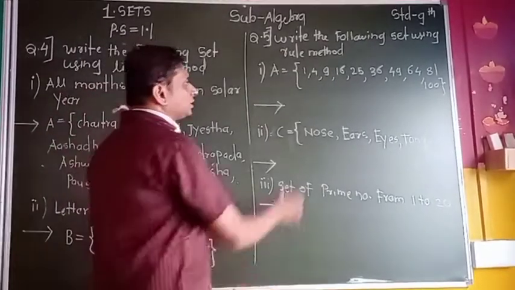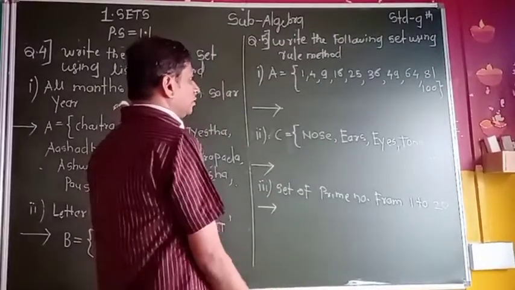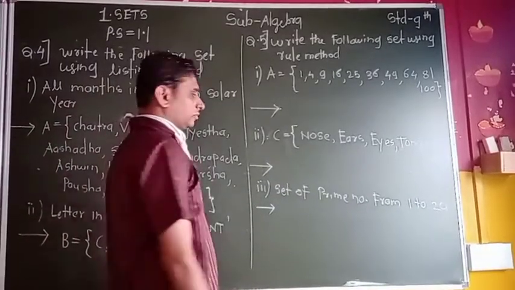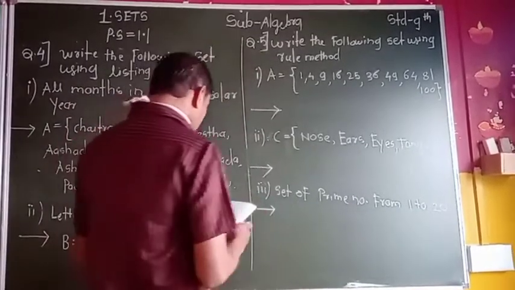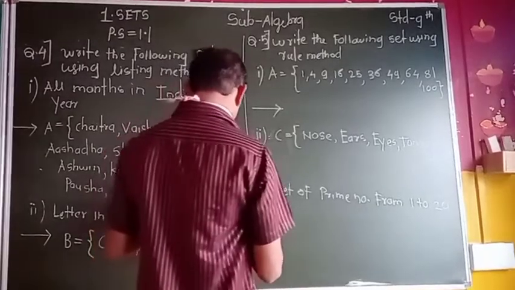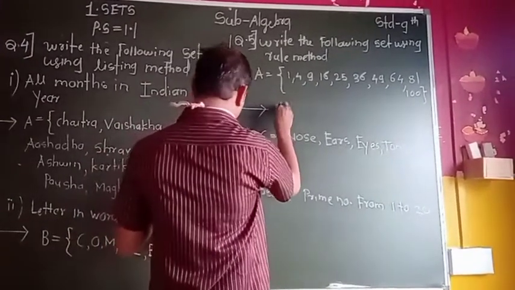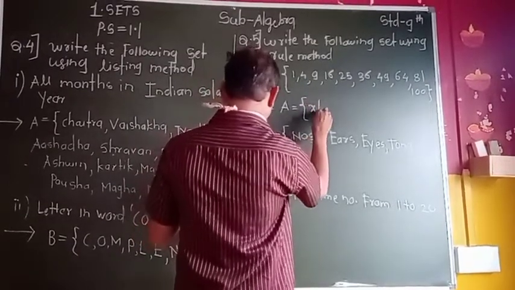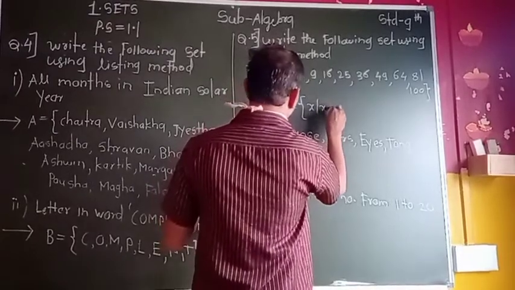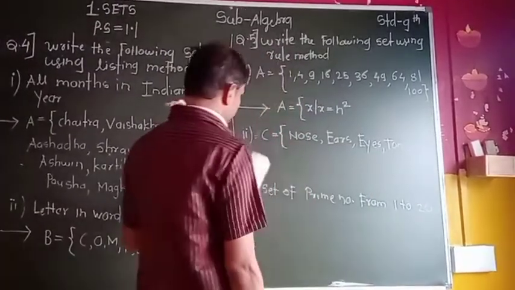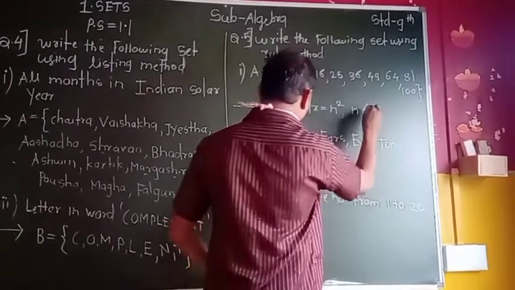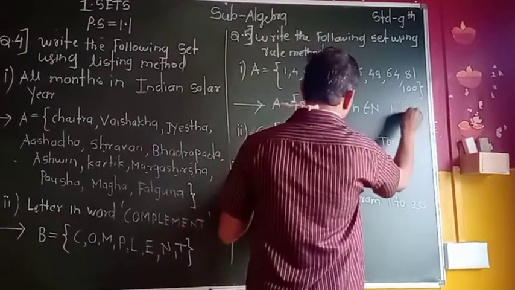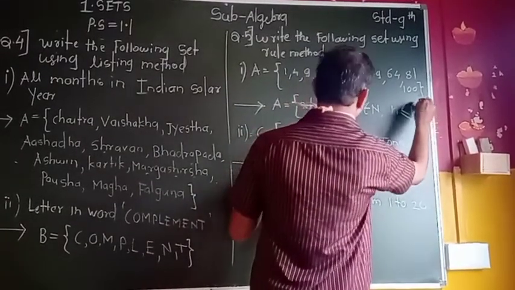Okay, if you observe, you will find one common thing here: they are squares. So first we write it in the rule method: A is the set, A is equal to {x such that x is equal to n square and n belongs to N and n is less than or equal to 10}.